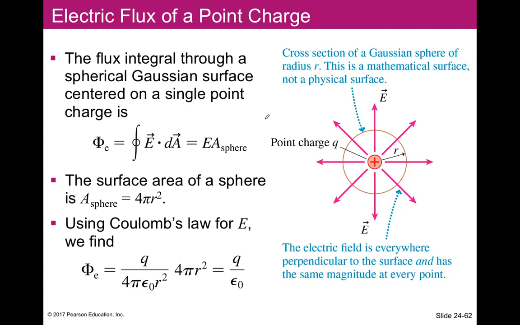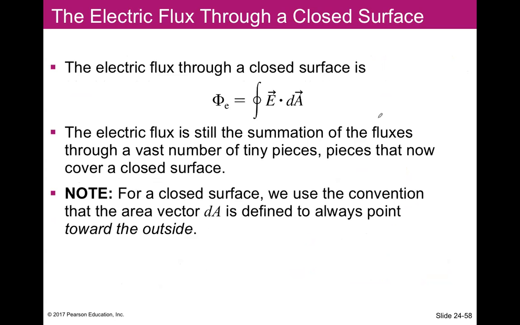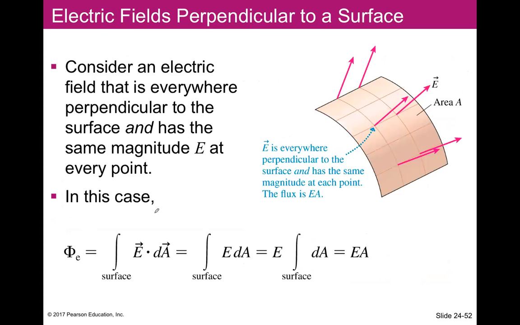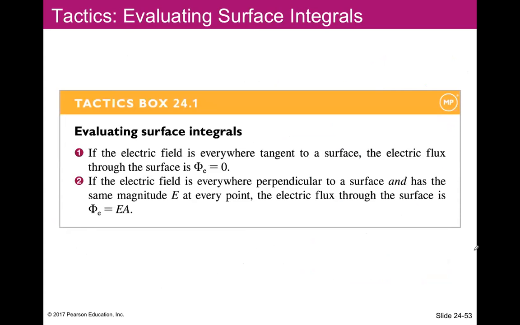As we discussed in previous slides, if E is always perpendicular to a surface, and the magnitude of E is constant, then your integral can be written as EA. Because E is constant, you can take it out, and E and dA have the same direction, so cosine theta is always 1.